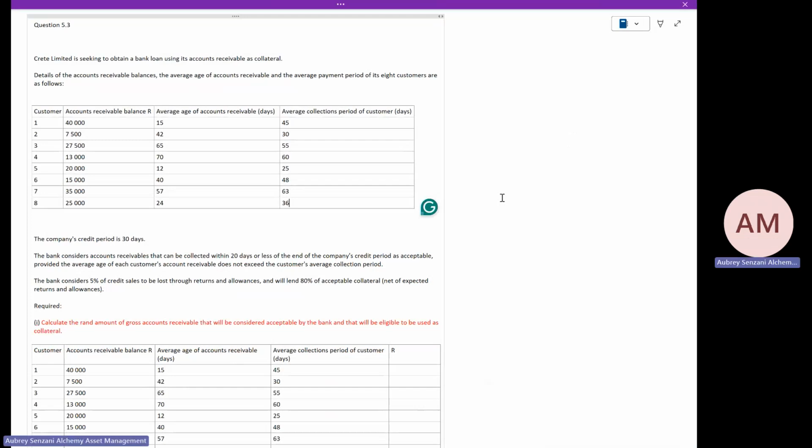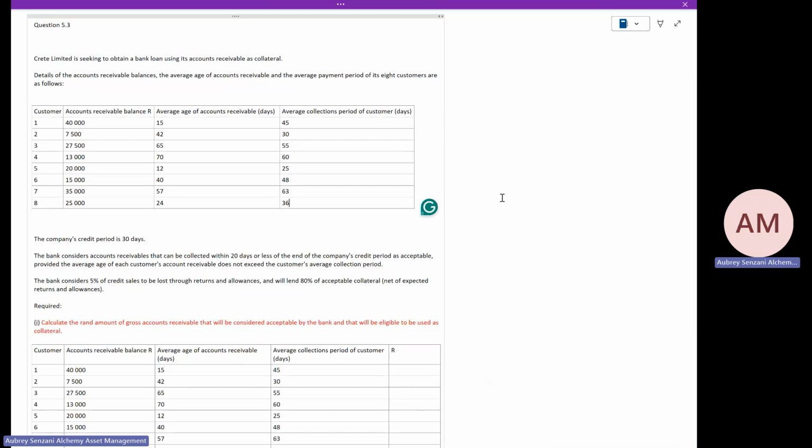Super. So it says, the company is seeking to obtain a bank loan using its accounts receivable as collateral. Okay. Details of the accounts receivable balances, the average age of accounts receivable, and the average payment period of its 8 customers are as follows.